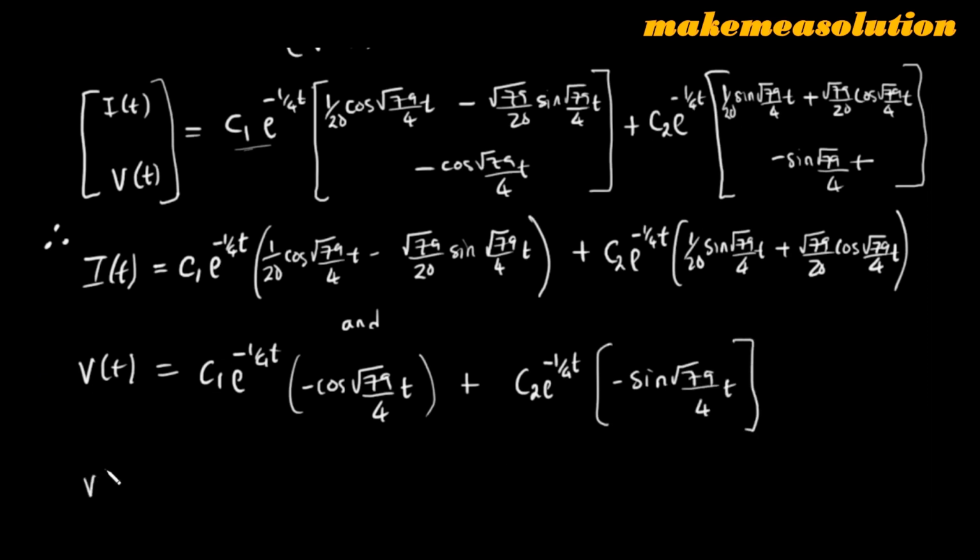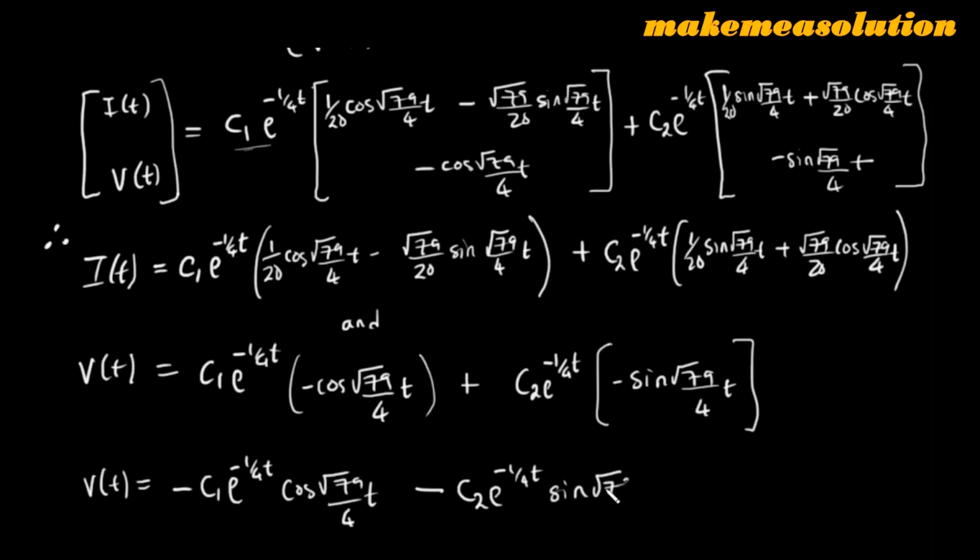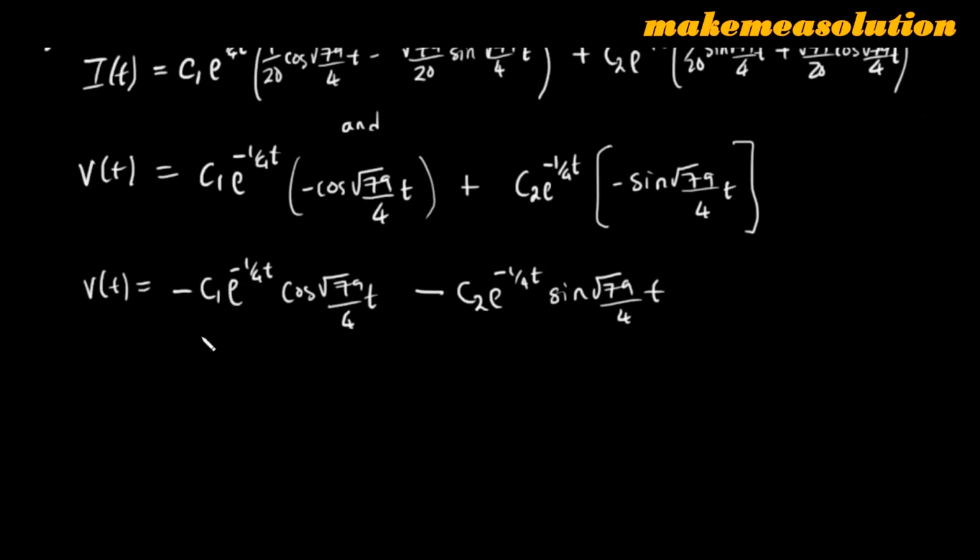So basically your v of t is equal to minus c1 exponential minus 1 over 4t cos root 79 over 4t, and you now have minus c2 exponential minus 1 over 4t, and you now have sine root 79 all over 4t. Since these are arbitrary constants, minus c1 can be equivalent to d1, and minus c2 can be equivalent to d2.